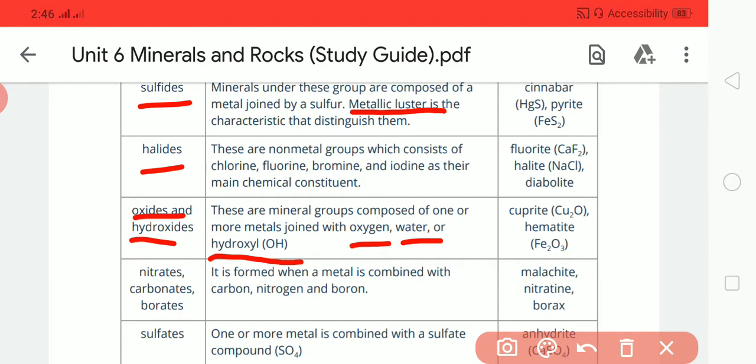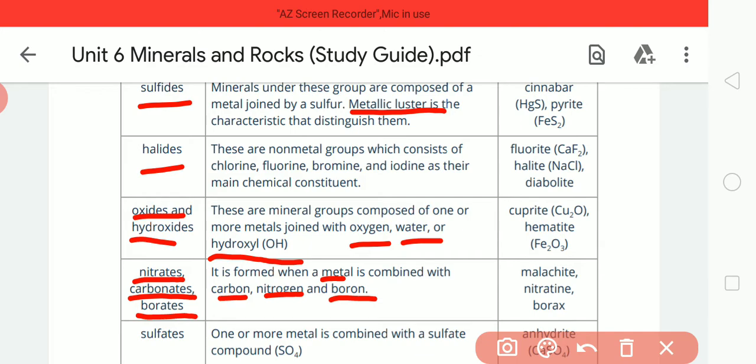Next one is nitrates, carbonates, and borates. So it is formed when a metal is combined with carbon, nitrogen, and boron. Examples are malachite, niter, and borax. Next one is the sulfates.